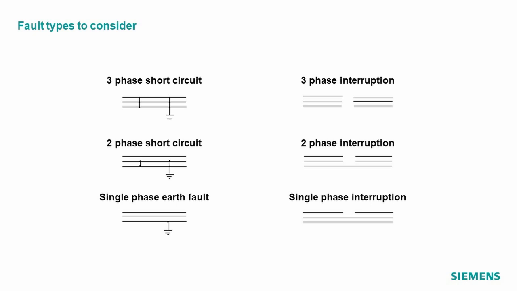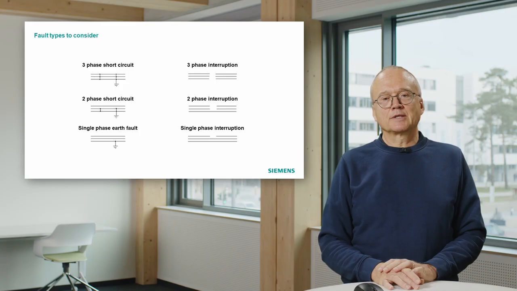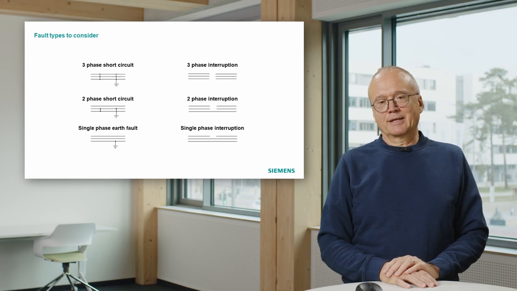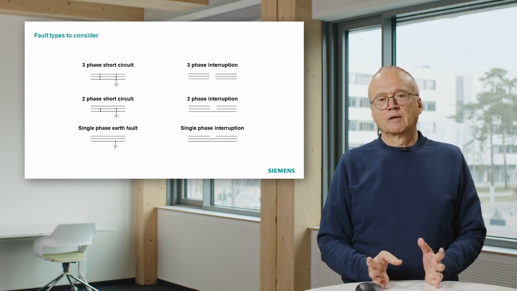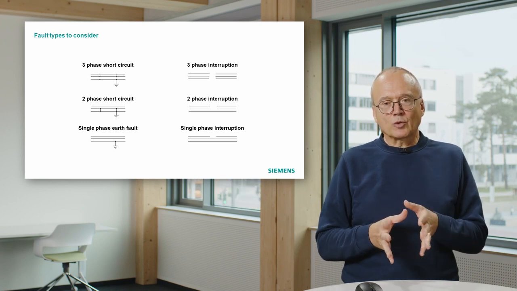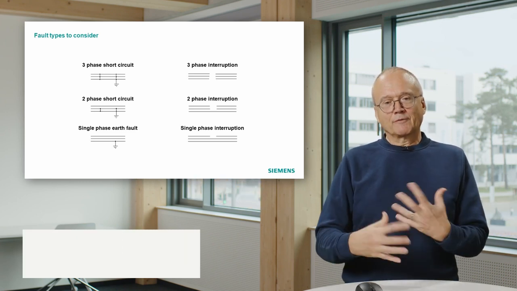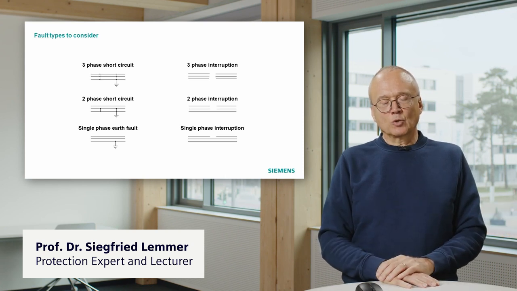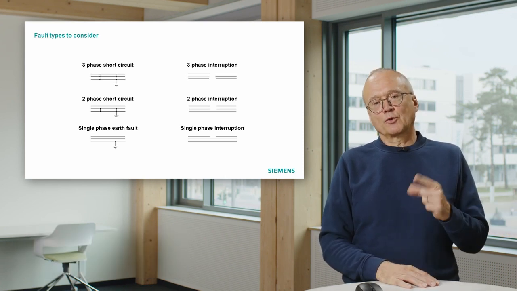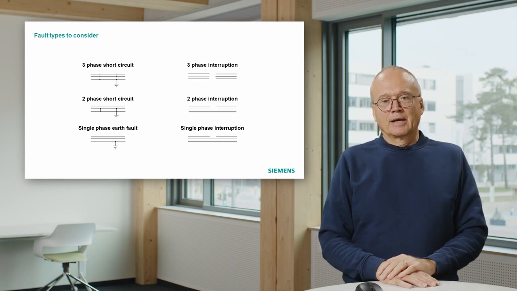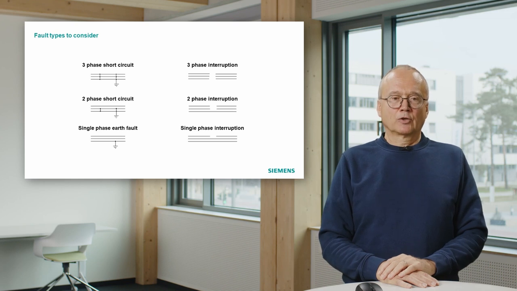But if you, for instance, supply a big motor in a chemical plant, and you have a single-phase interruption, a motor doesn't like that, or a generator, because these motors and generators need a three-phase system to have a constant torque. And if one phase is missing, you can destroy the devices. So for that reason, also these types of faults have sometimes to be disconnected.